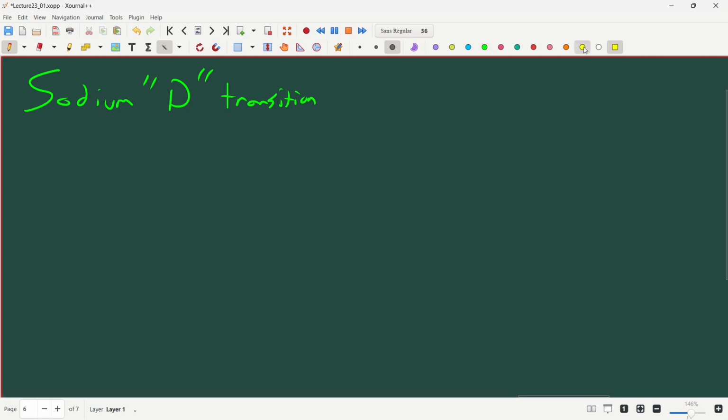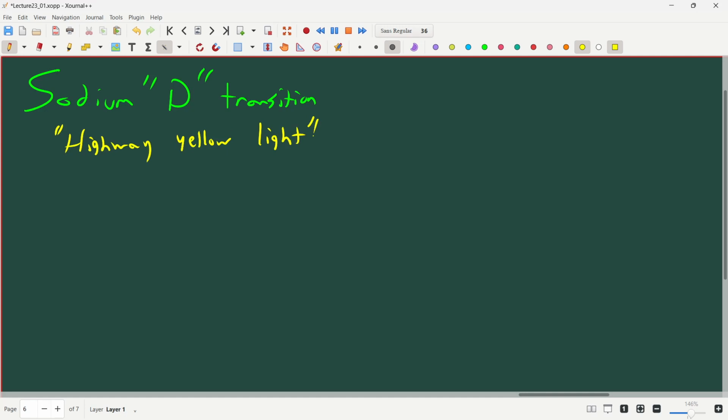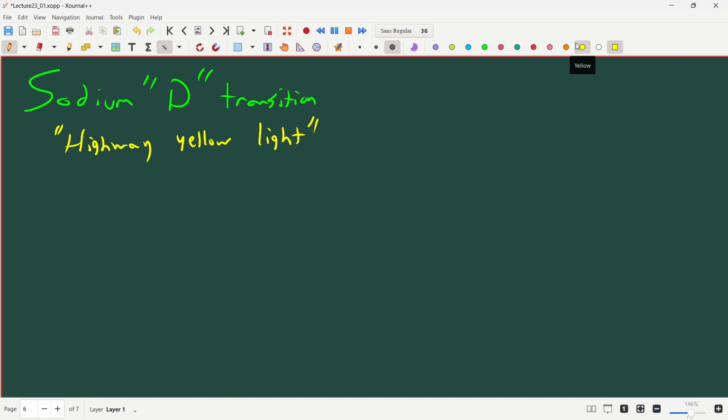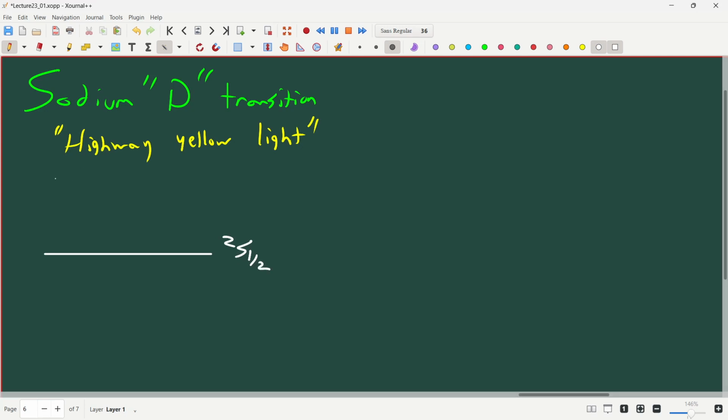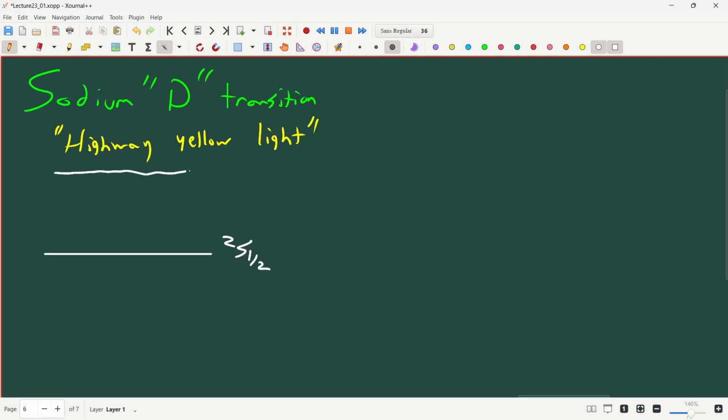This is the highway yellow light. And this sodium D transition is an interaction between the ground state, the 2S1/2 state of sodium, and then the 2P states.